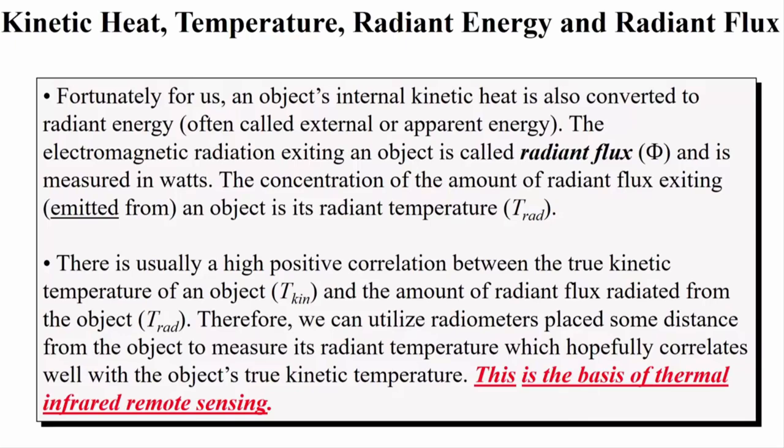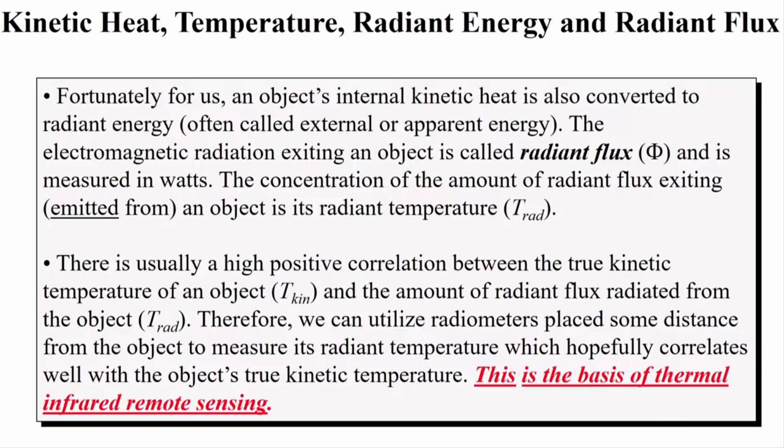Radiant energy is the energy which will be sensed by the radiometer, and this is often called the external or apparent energy. The electromagnetic radiation exiting an object is called radiant flux and is measured in watts.